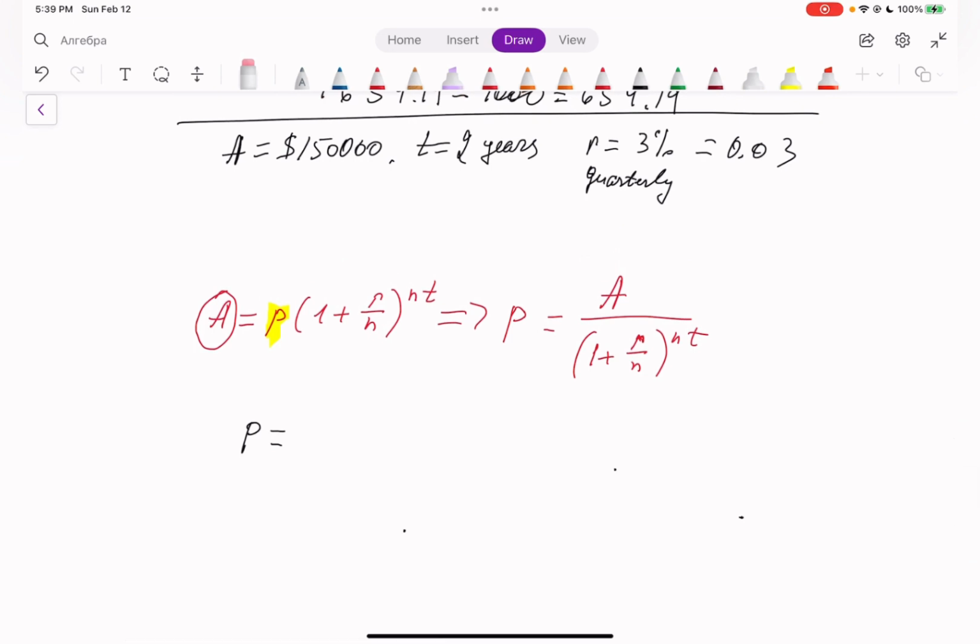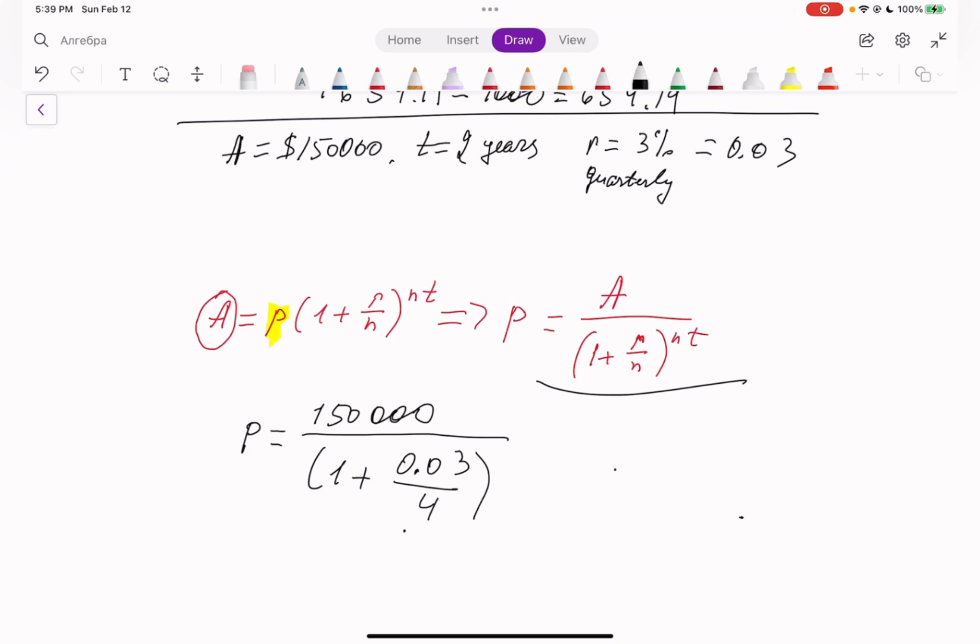So we have the desired amount 150,000 divided by 1 plus our R, 0.03. Since it's compounded quarterly, how many quarters are in 1 year? 4. Dividing by 4 and raising to power n, which is 4, times t, which is 2 years.